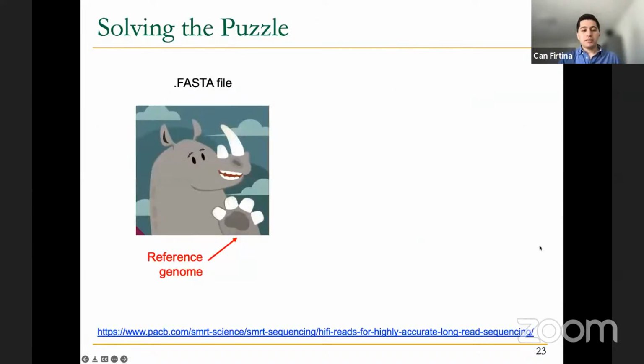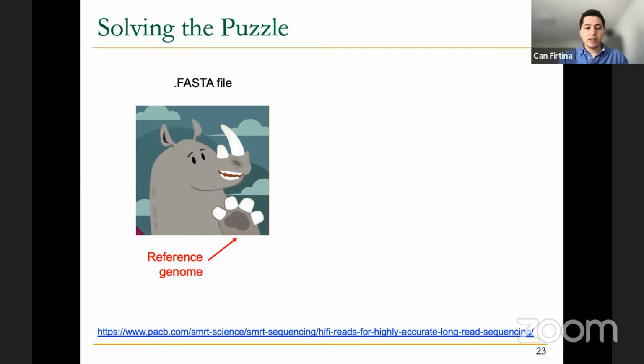So this problem is like solving a puzzle, right? Imagine that we have a picture which was completed before, which we call a reference genome. For example, we have the reference human genome, which researchers completed around 2003, and then it's getting improved every year. It's getting more accurate, etc. So we have that picture, which we call the reference genome.